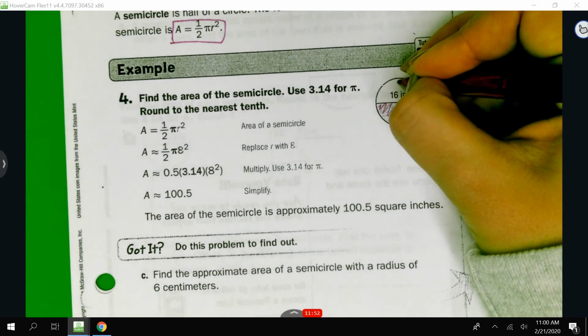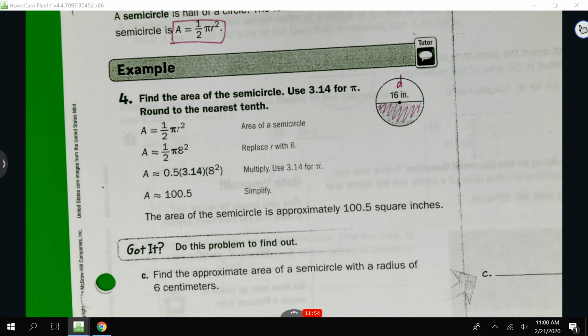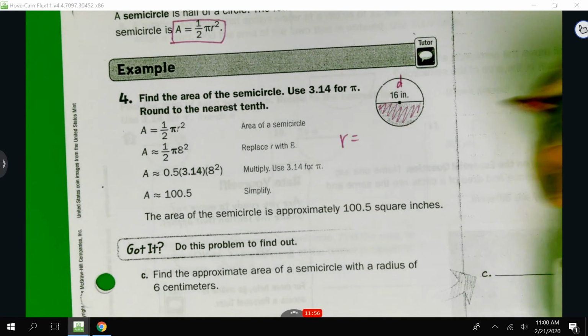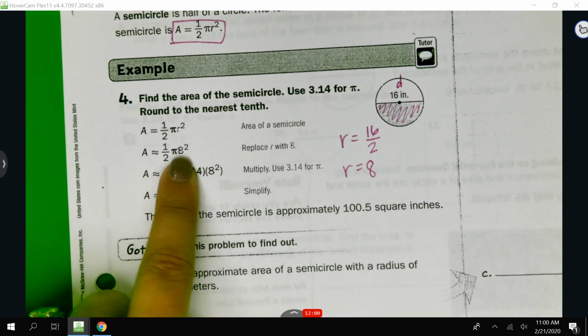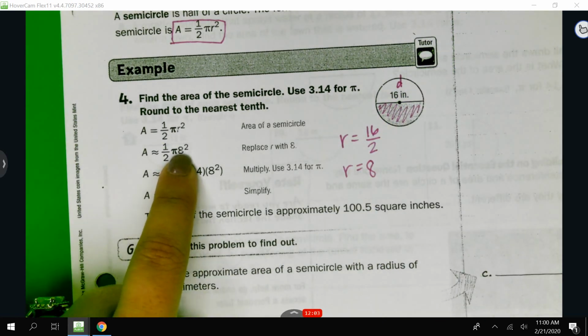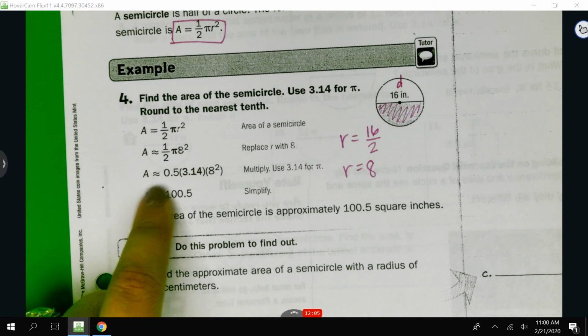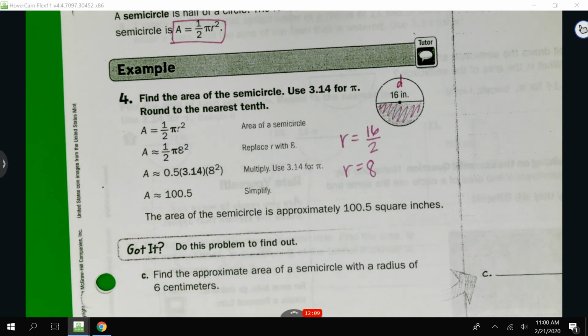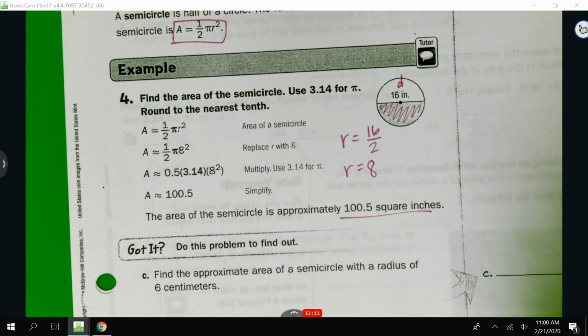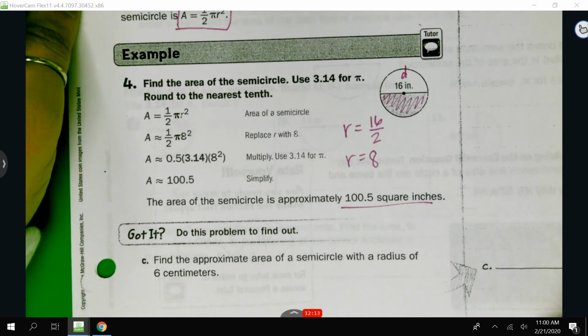They give you the diameter, so again, you have to find the radius first. So r would be 16 divided by 2, which is 8. So that's how we got this 8. So then you are just all multiplying. So 1/2 times 3.14 times 8 squared, and you have 100.5 square inches.